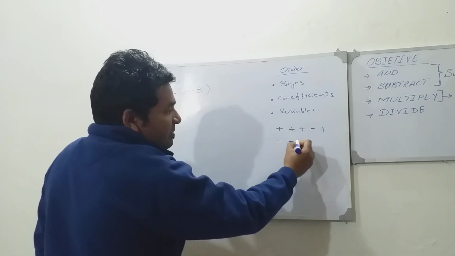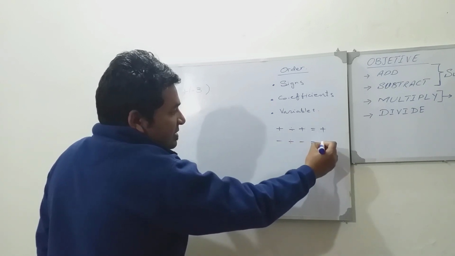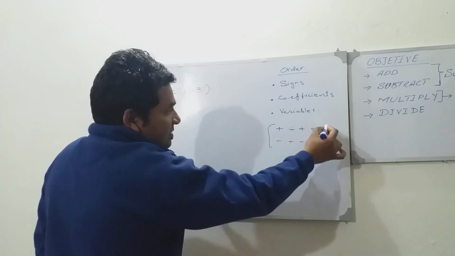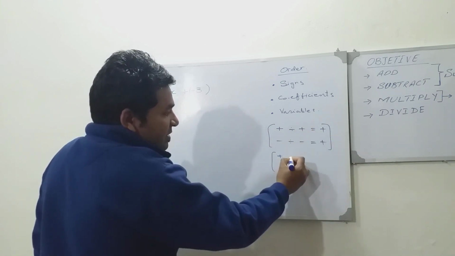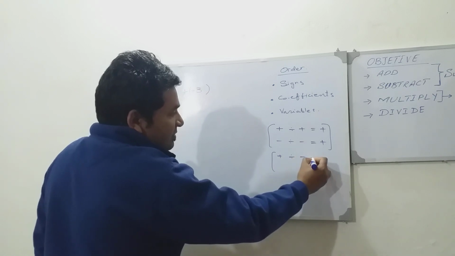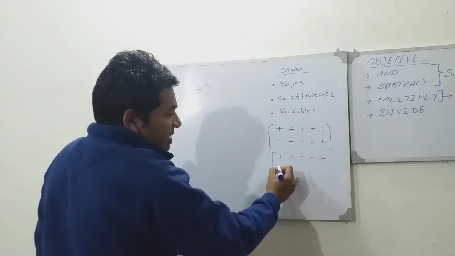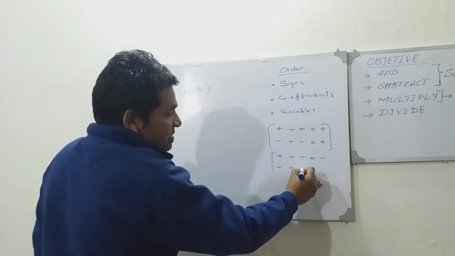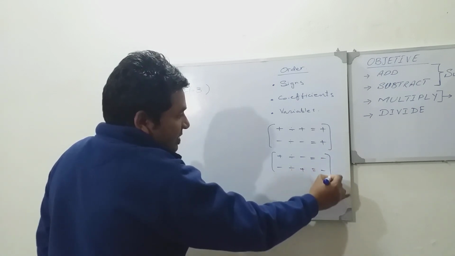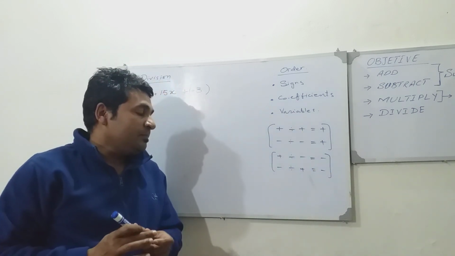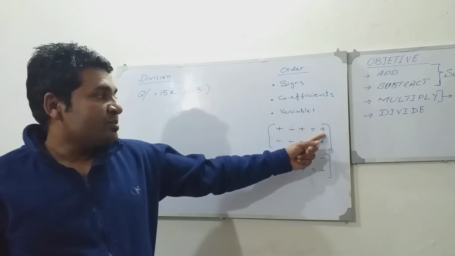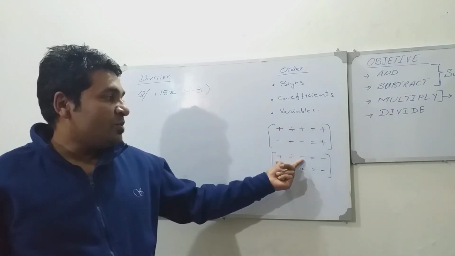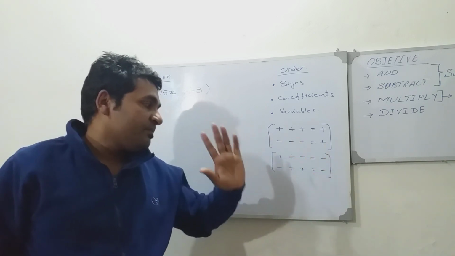Negative divided by negative is positive. So we make a group of these two. Then positive divided by negative is negative, and negative divided by positive is negative. In simple words, when we divide the same signs, the result is always positive, and when we divide opposite signs, the result is always negative.